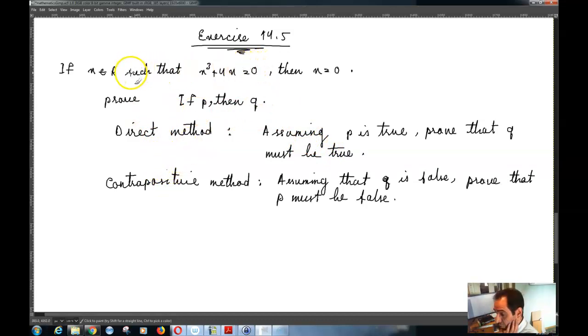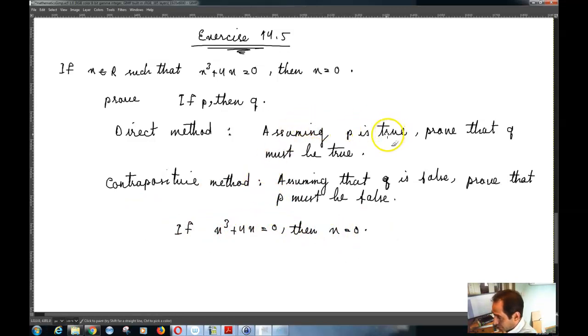Now, the statement that we have is: if x belongs to the set of real numbers such that x cubed plus 4x is equal to 0, then x is equal to 0.